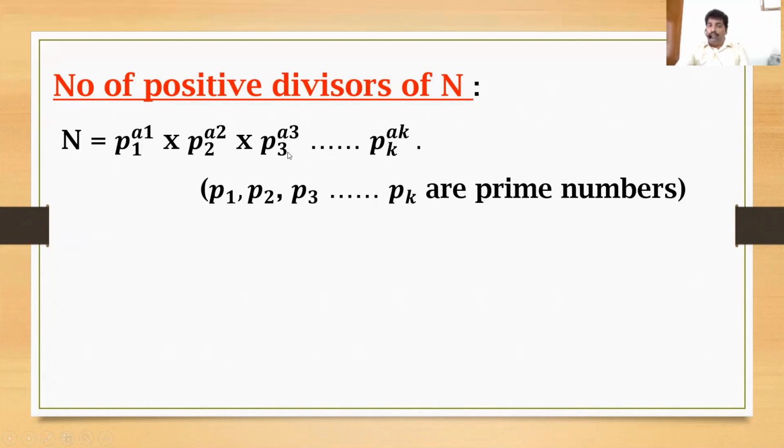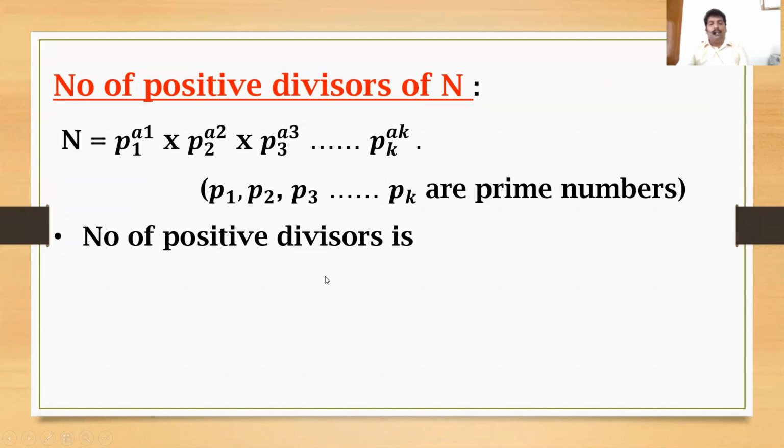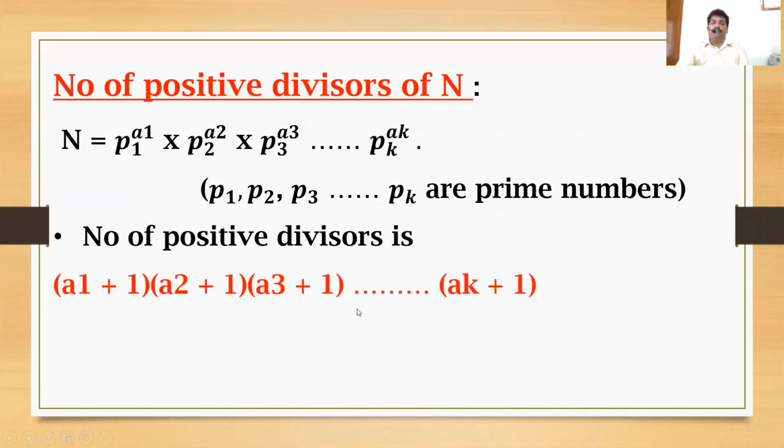So any integer, if you write in this form, prime number to the power and another prime number to the power, the number of positive divisors formula is (a1 plus 1) into (a2 plus 1) into (a3 plus 1) and so on, (ak plus 1).